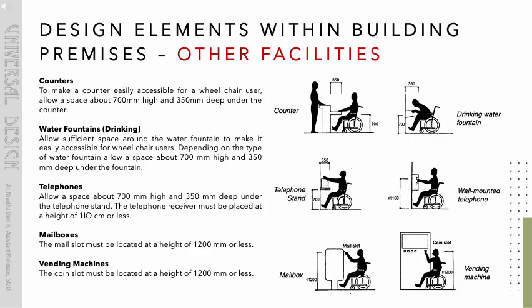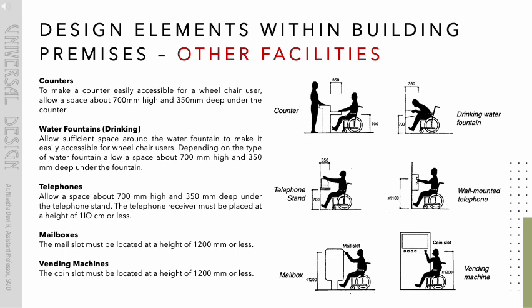Counters. To make a counter easily accessible for a wheelchair user, allow a space about 700 mm high and 350 mm deep under the counter. Water fountains. Allow sufficient space around the water fountain to make it easily accessible for wheelchair users. Depending on the type of water fountain, allow a space about 700 mm high and 350 mm deep under the fountain.